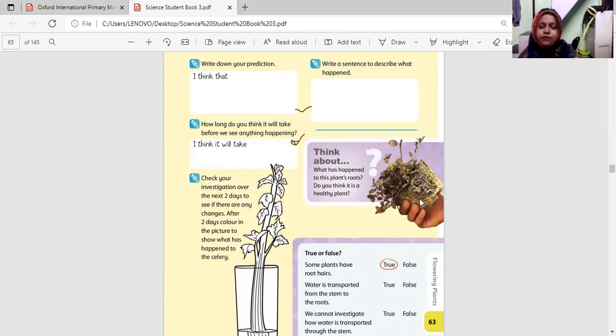What is the reason for it? The container that holds the plant is very small. That is the reason the roots did not get enough space to spread, and the roots seem to be squashed. They are just joined to each other. And since the roots could not search for water, the plant has eventually died.